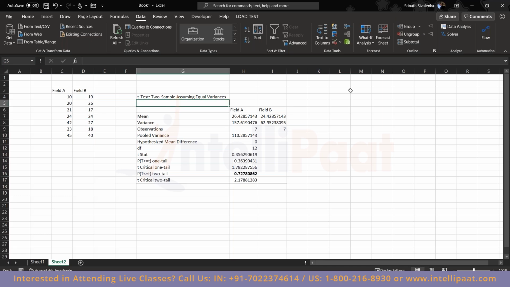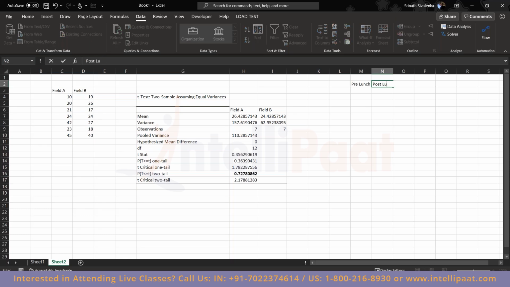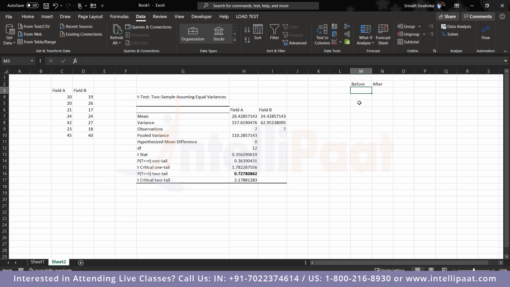I'm sorry. Okay. Let's say you're computing before and after, and let's say I'm trying to compute the diabetes levels of people before taking a drug and after taking a drug. For the same person, I'm trying to compute the diabetes levels before taking a drug and after a course of taking a certain medication of, let's say, 2 weeks.